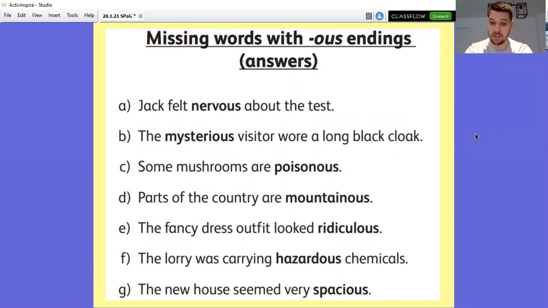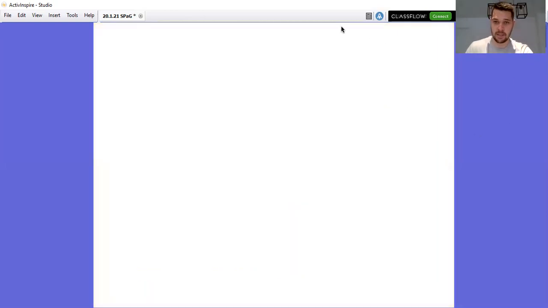So spacious, we drop the E, but like we do for the Y, we actually add IOUS. There's a couple of words that we'll be unpicking as we go through the week. That is the first one that we found that breaks the rules. Okay? We know we have those in near enough every single spelling rule we learn. So these ones are all just about memory. Okay? The new house seemed very spacious.